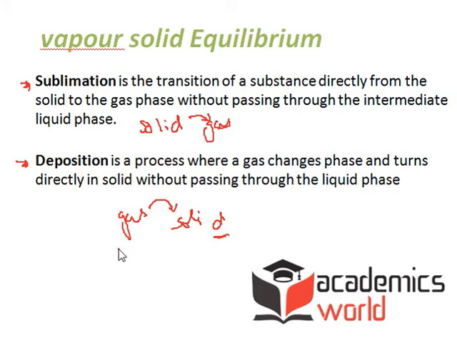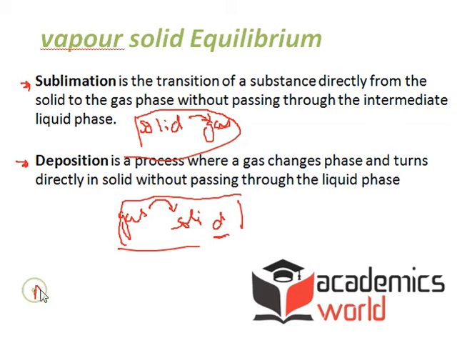So can you predict an example of vapor solid equilibrium? The example is NH4Cl equilibrium. NH4Cl gas and NH4Cl solid.